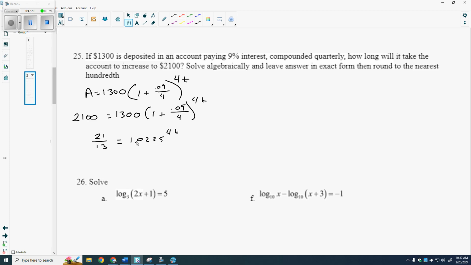Okay, take the log of both sides. Bring the 4t down in front. Divide to undo the multiplication.